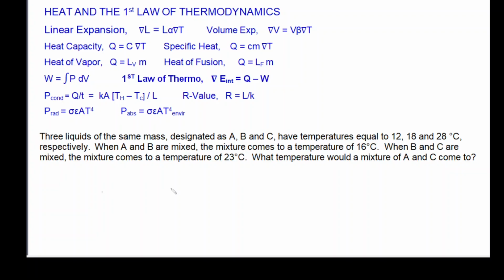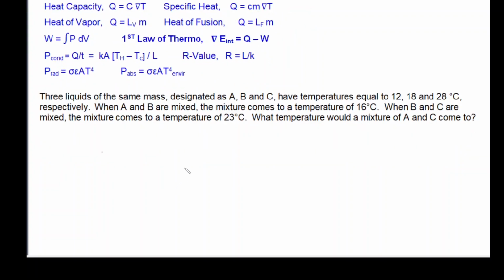Okay, so let's describe this in a picture. You have 3 liquids. You have mass A, mass B, and mass C of these liquids, and we're told they're all equal. And A is at 12 degrees centigrade, B is at 18 degrees centigrade, and C is at 28 degrees centigrade.